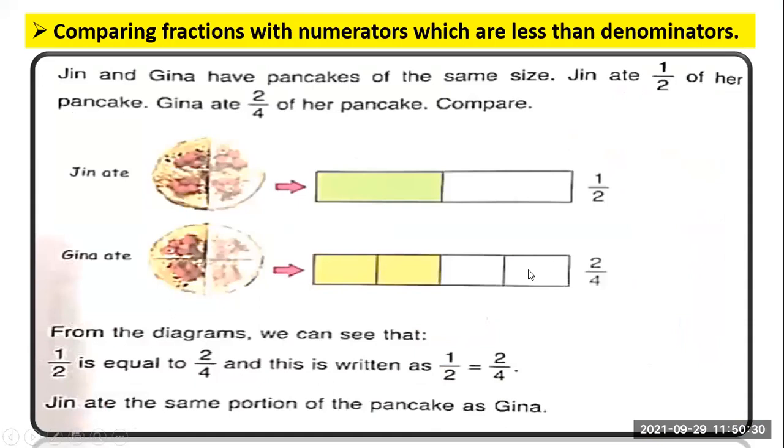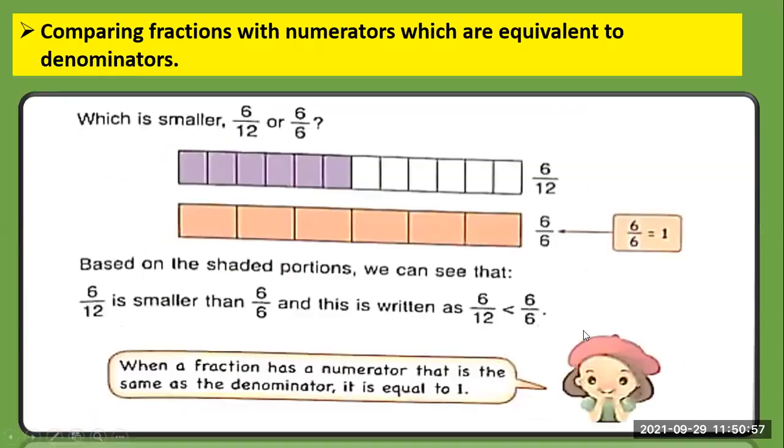And here, Jean ate half or 1 over 2 of her pancake, and Gina ate 2 over 4 of her pancake. So if we compare, because Jean divided into 2 equal parts only, and Gina divided into 4 equal parts. So if you look at it, they are equal. Okay, they are equal. So just look at the diagram here. So the same. So it's equal.